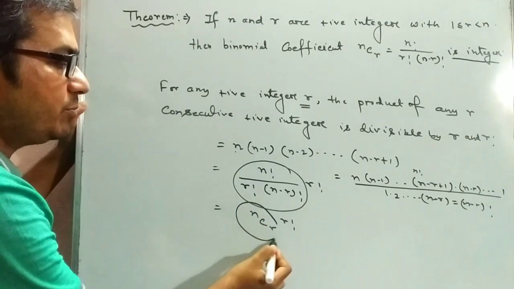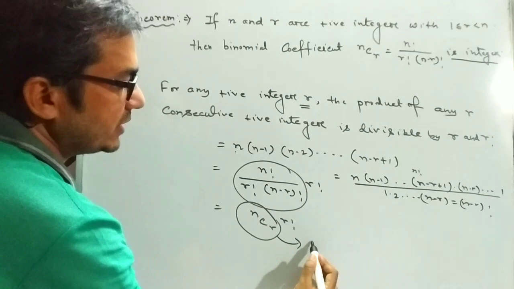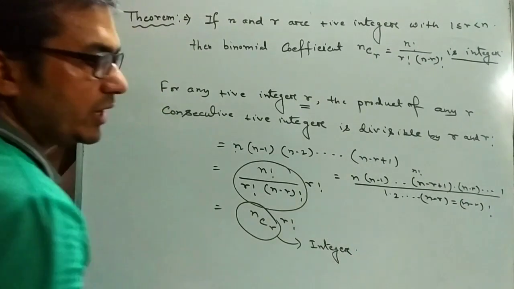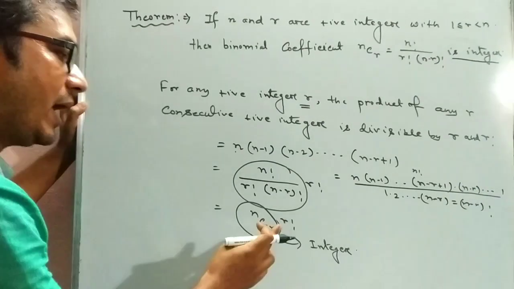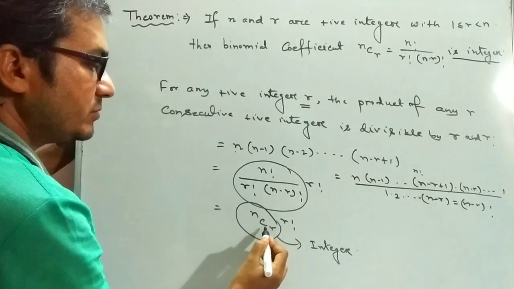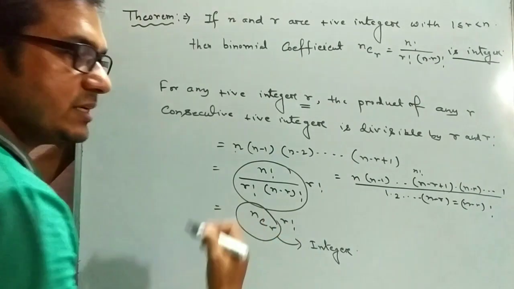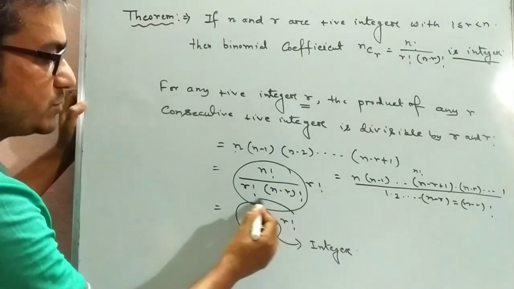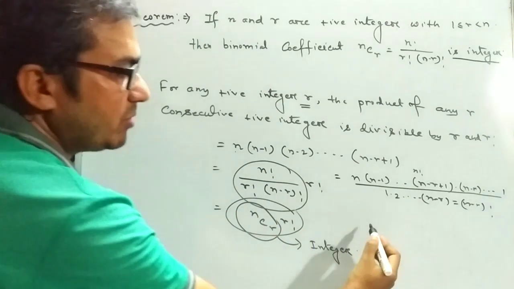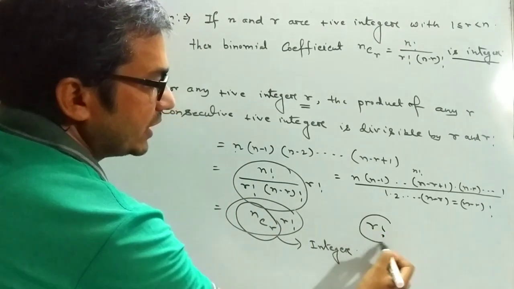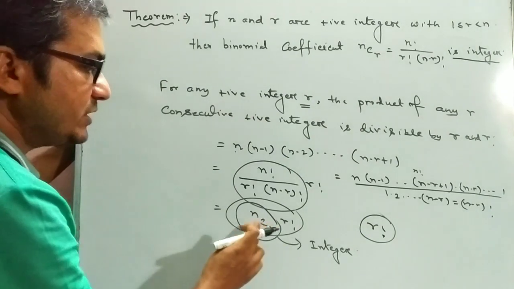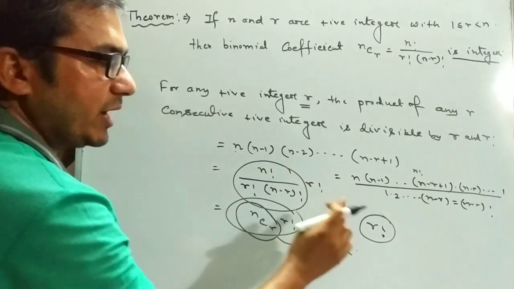We already proved that nCr is an integer. Okay, and since nCr is an integer, we say that this expression must be divisible by r factorial, or we say that this expression is divisible by r.